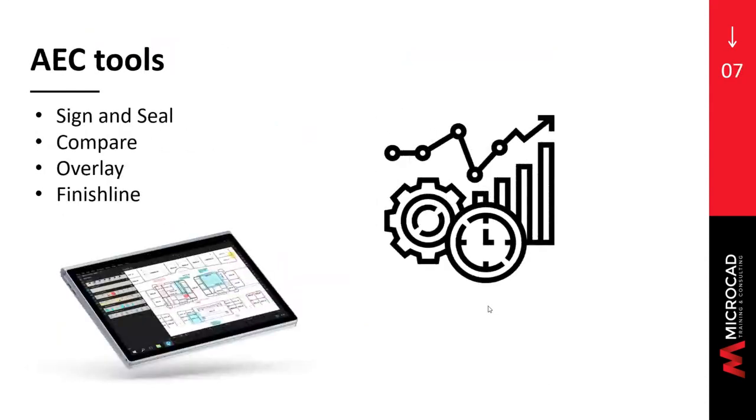Just to do a recap, the best tools that are still going to be right there at the top with the use of the main software are Design and Seal. Those are great. The other ones are the Compare tool and the Overlay tool.